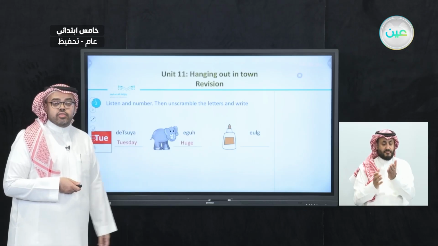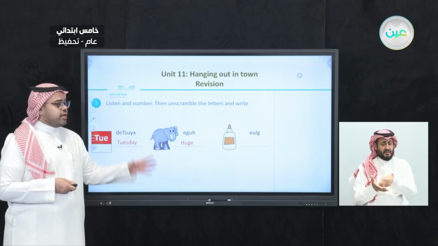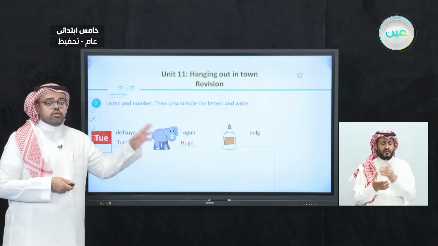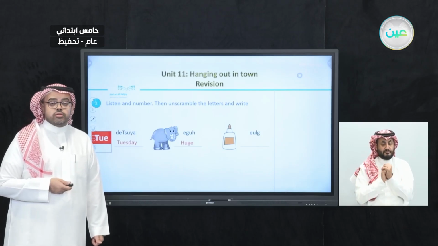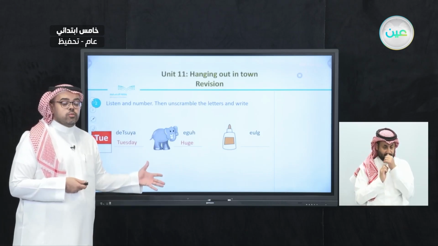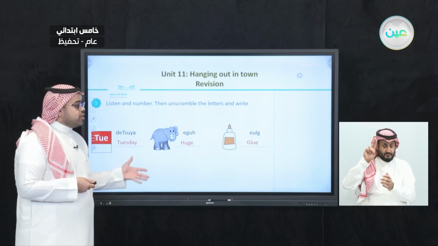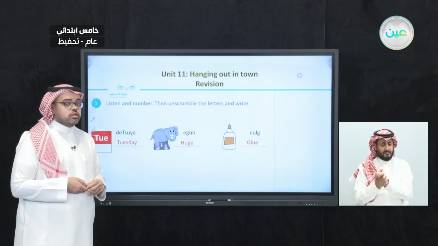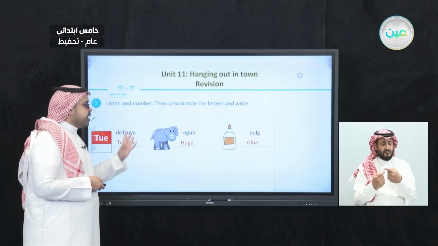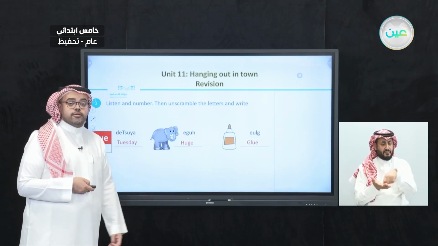And the other word, if you have a look at the picture and also at these letters, then we can come up with the word glue, glue. So the three words that we used are Tuesday, huge, and glue.